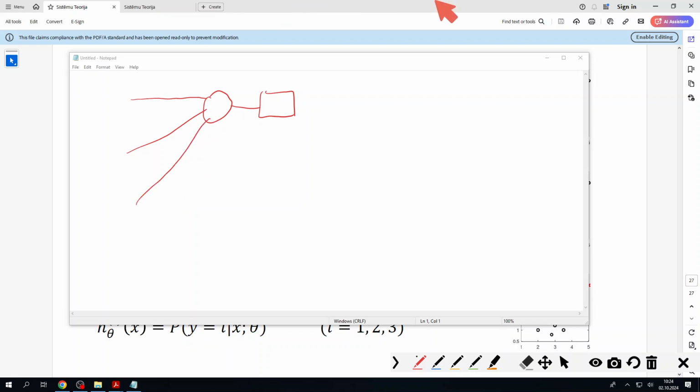So this is what we already know, and the output returns a probability of yes. Like 0.5 or 0.6 or 0.75 or maybe 0.99, etc.